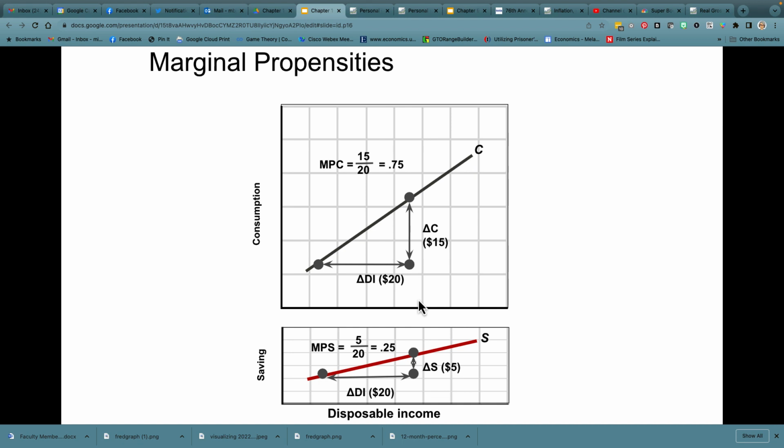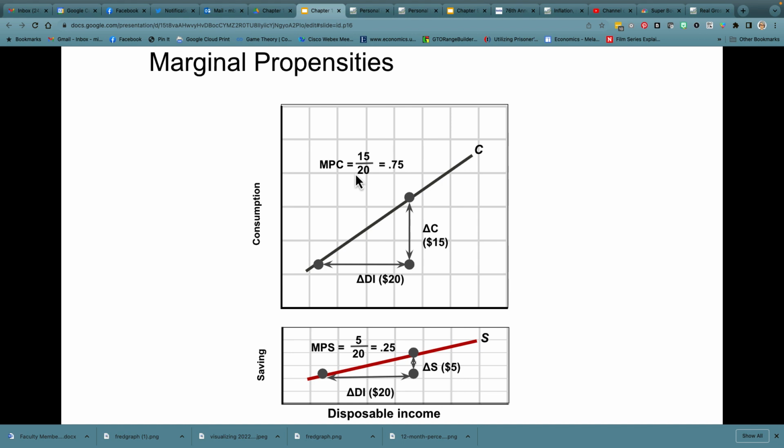Well, how do we measure slope? Slope is rise over run, right? Well, look here. In this graph, the rise is consumption. The run is disposable income. So the rise is the change in consumption. The run is the change in disposable income. So our MPC actually is determining the slope of that consumption schedule.